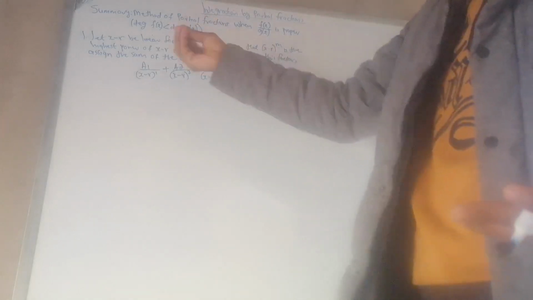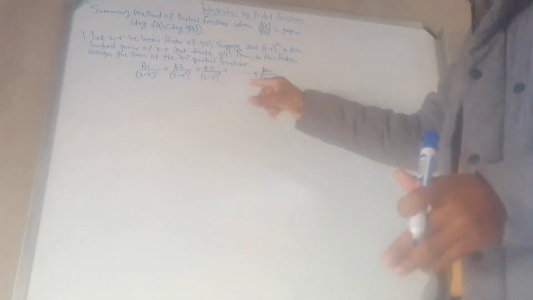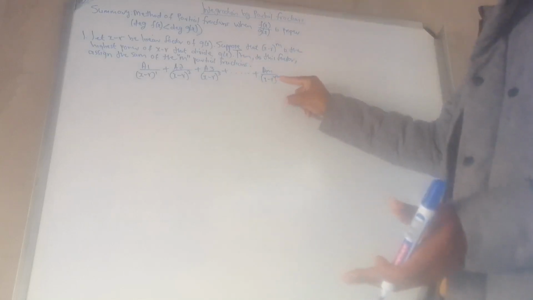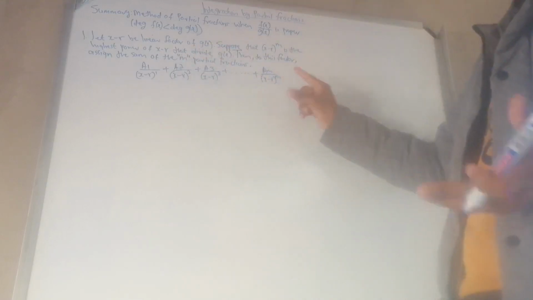Very, very important. And to this factor, I'm assigning the sum of m partial fractions. I can keep on doing this until I reach the last linear factor, x minus r to the exponent of m, being the very last factor that I will have, in that order of increasing exponents.